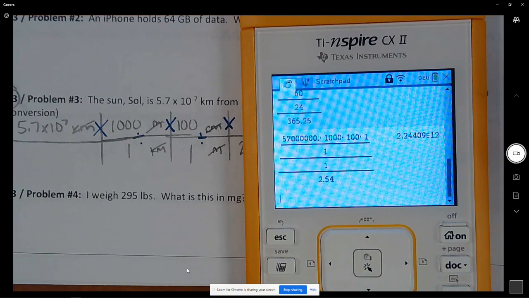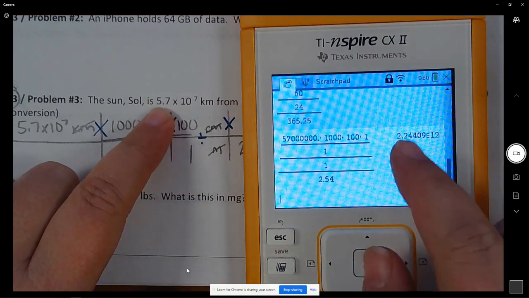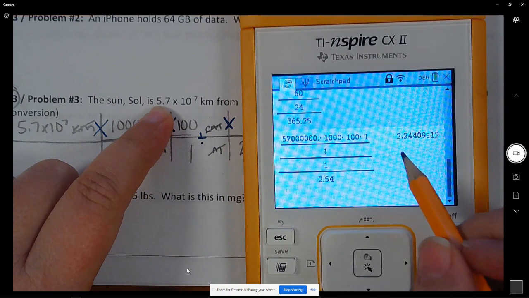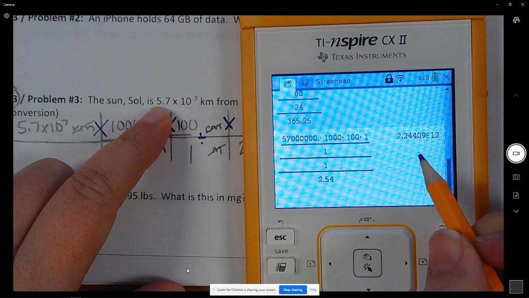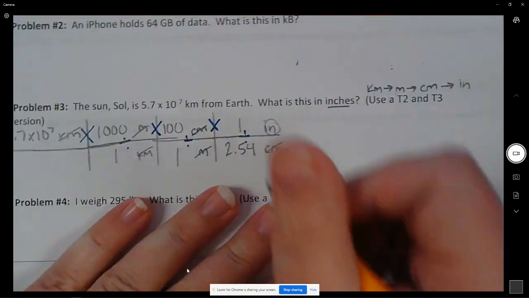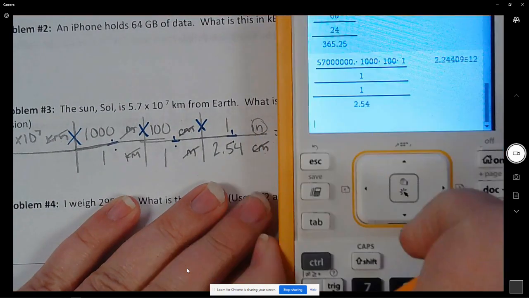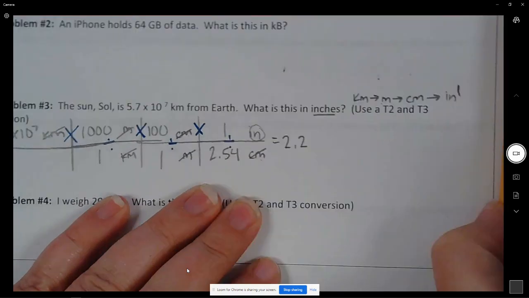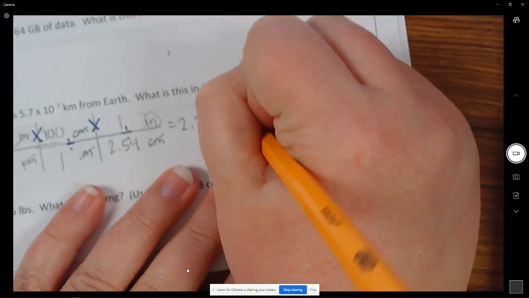How many sig figs should I have? The problem gave me 2 sig figs, so I should only have 2 sig figs in my answer. So 2.2, but I also have my exponent. Remember when you have that letter E, that's times 10. So 2.2 times 10 to the 12th, and our unit is inches.